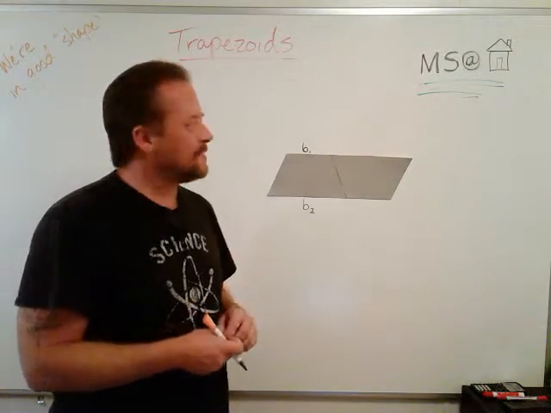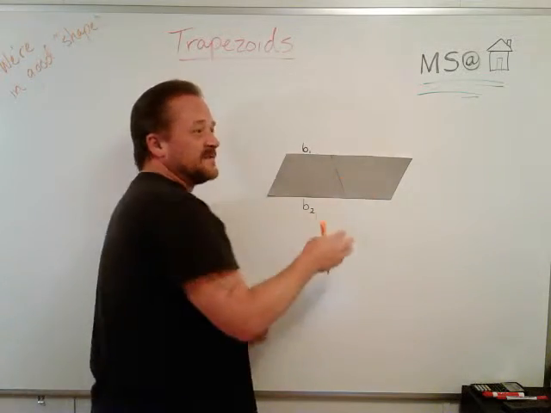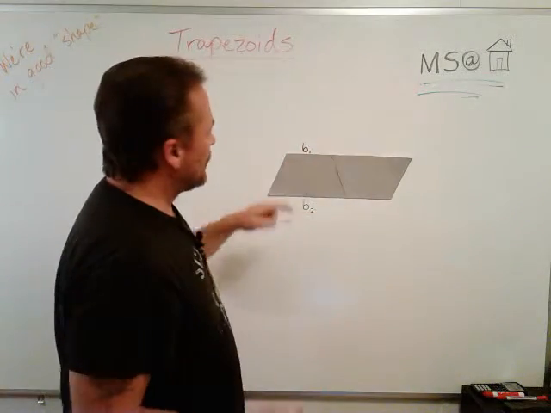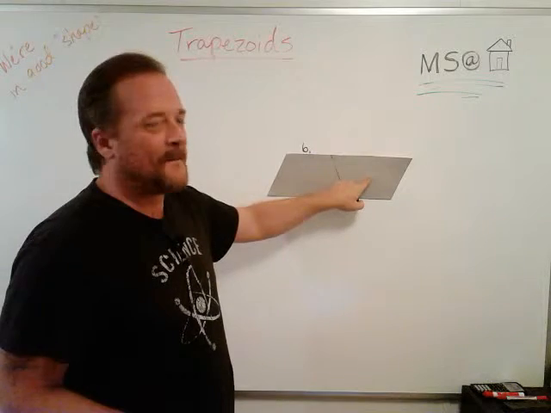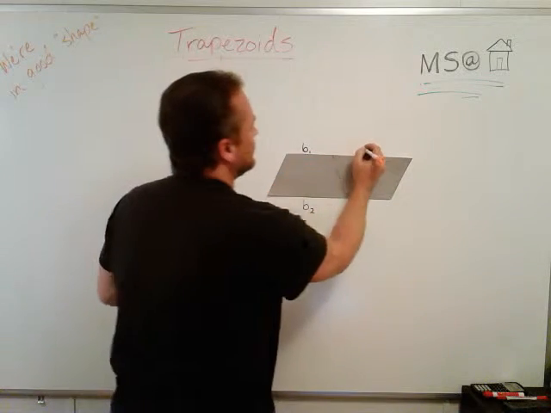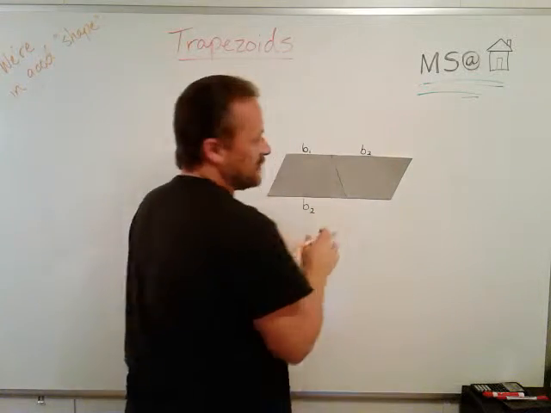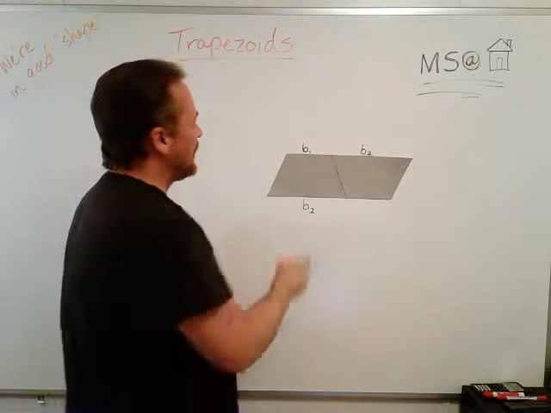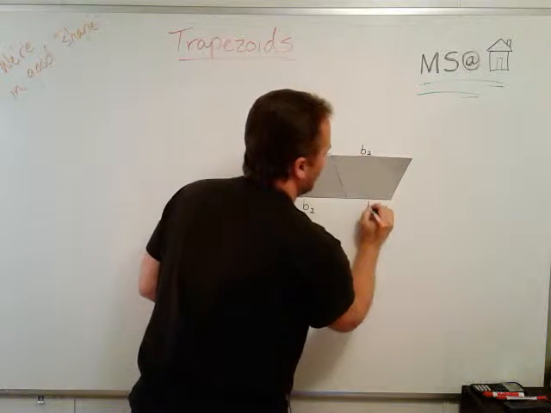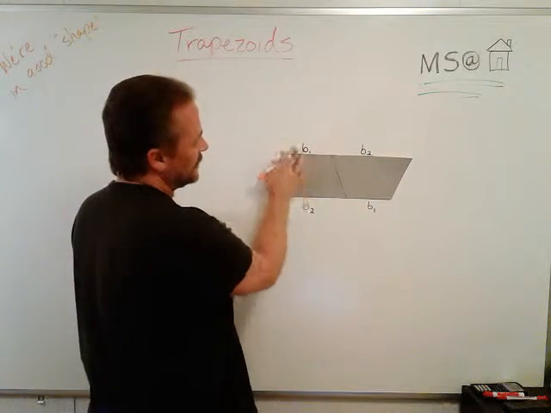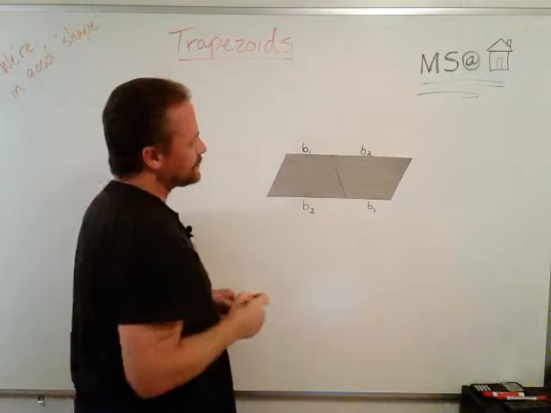They're different lengths. Now if I look at this one, it's upside down. So where's base 2 on this one? Well, it's on the top now, right? This length and this length are the same. That means base 1 is also here, since this trapezoid is upside down.